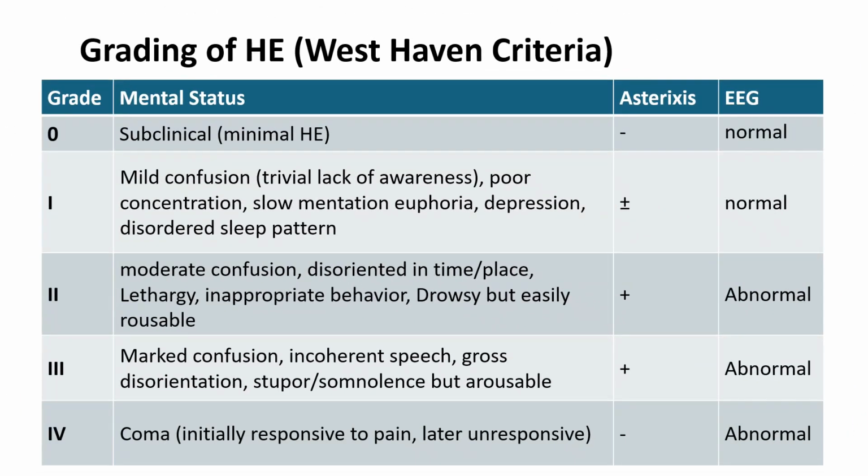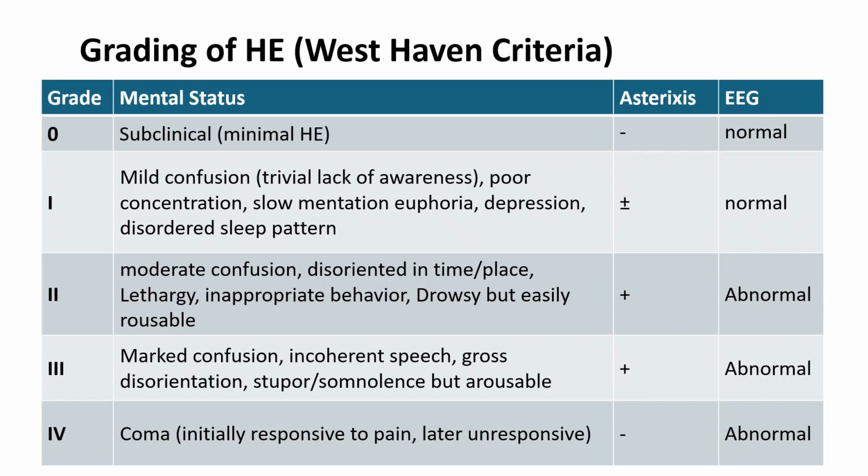This is the West Haven grading of hepatic encephalopathy. There is usually a subclinical grade, the minimal hepatic encephalopathy. Then you have 1 to 4, which ranges from mild confusion, poor concentration, euphoria, disordered sleep pattern in grade 1. In grade 2, you have marked confusion, disoriented in time and place.